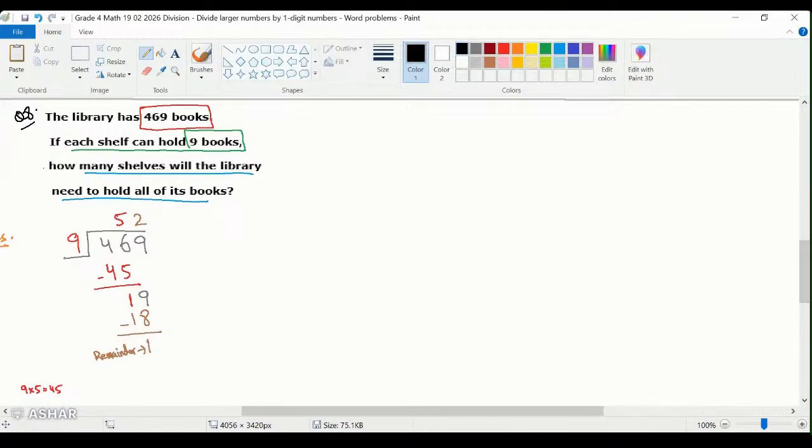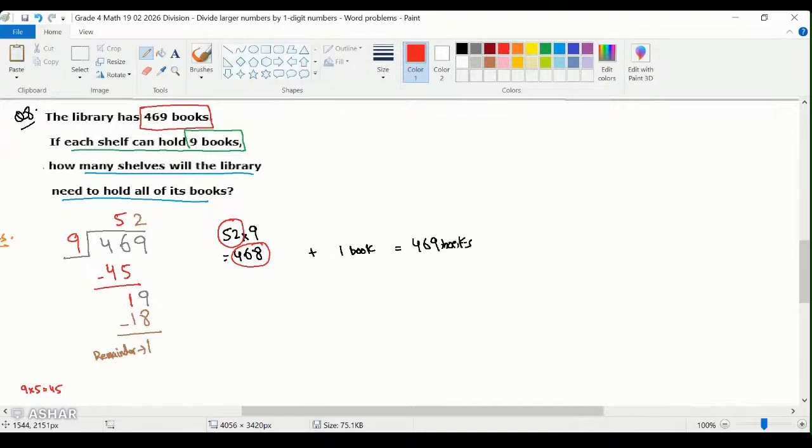That means 52 multiplied by 9 will come out to be 468 plus 1 book. That would be equal to 469 books, right? Because the library had a total of 469 books. 468 books were kept on 52 shelves, right? Perfect.